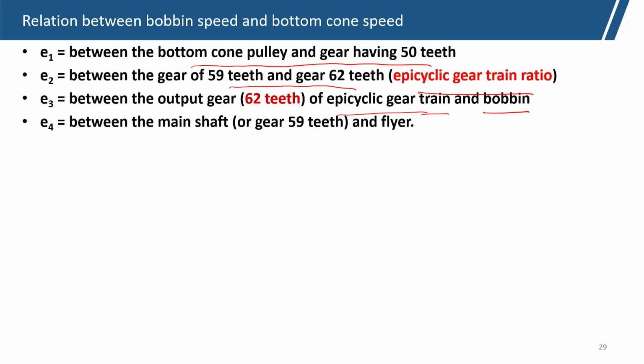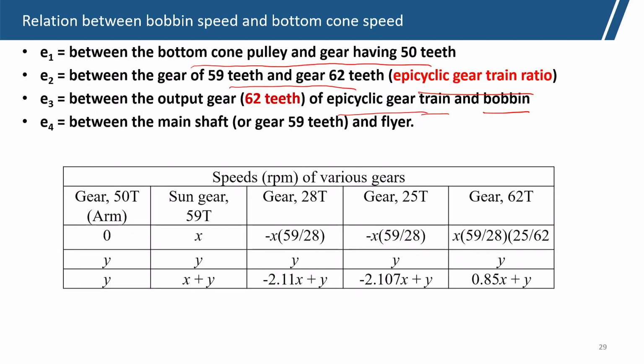So, these are the gear ratios, and we will get the relationship in terms of E1, E2, E3, E4, which are constant for a particular set of gearing.